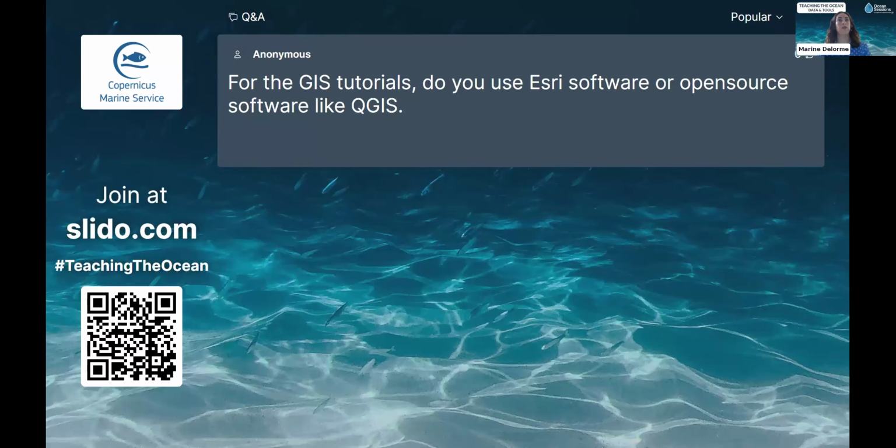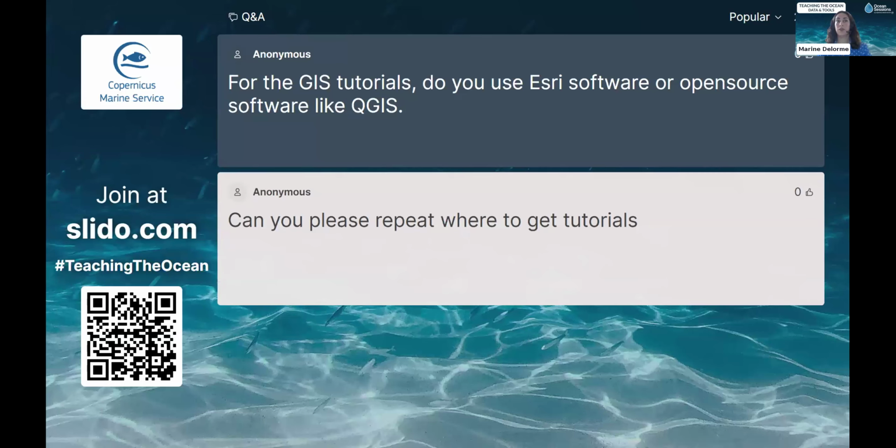For each GIS tutorial, you will find a PDF with all the steps to go through the tutorial, as well as the project that you can open in QGIS with all the necessary images. The data is also pre-downloaded in the folder with the QGIS project. And as I presented before, you also have the video tutorial that could be very useful to follow along as well.